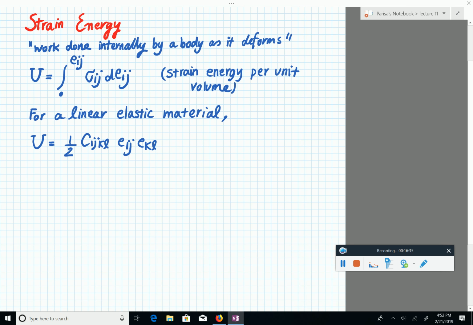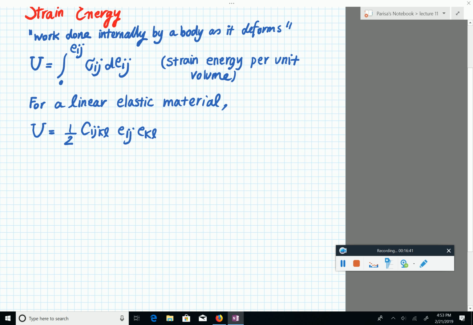It will look like that. I'm just replacing sigma by its definition. So when the material is isotropic, I just showed you again what would be the relation between a stress and a strain. Basically, the elasticity tensor would be much simpler.